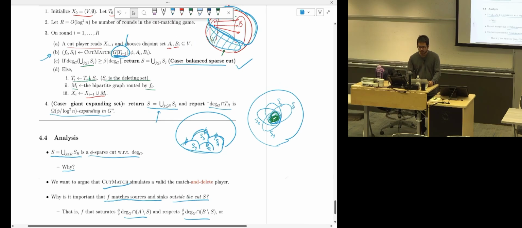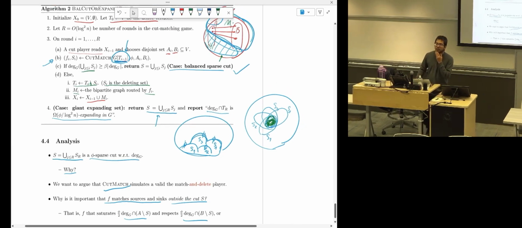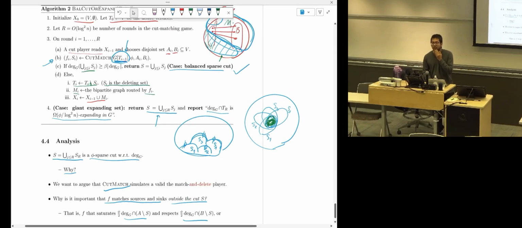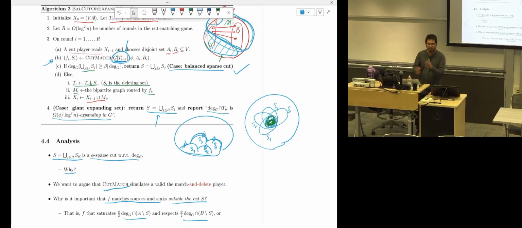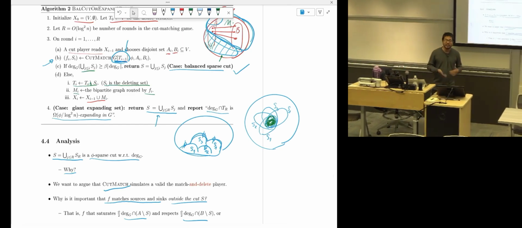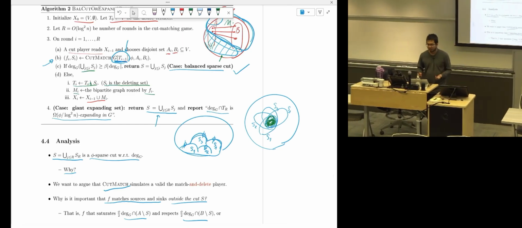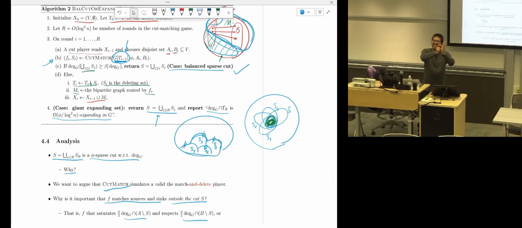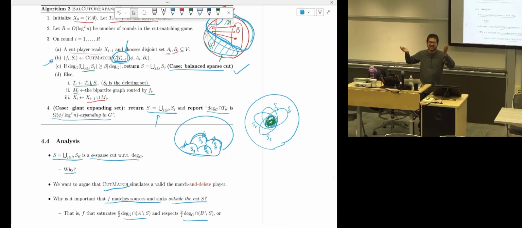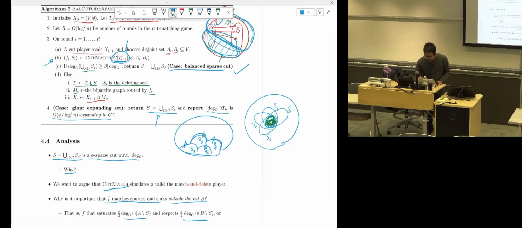If it's inside there, it's deleted, and you do not want to match something to a deleted node. Yeah, exactly. In the cut matching game with deletion, we can only match nodes to the undeleted nodes. This part is deleted. The game works only when we don't match to the deleted nodes, so we want to match only to undeleted nodes.